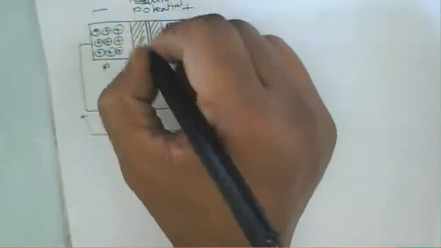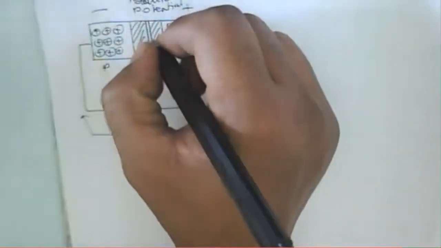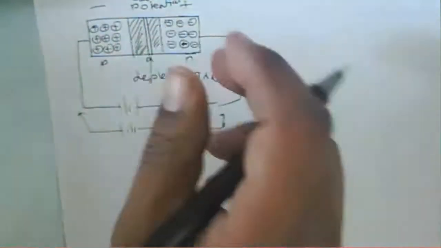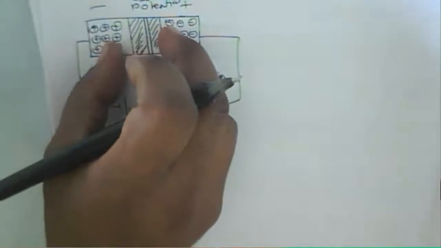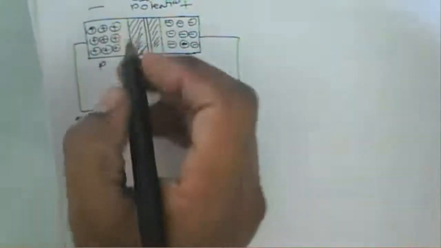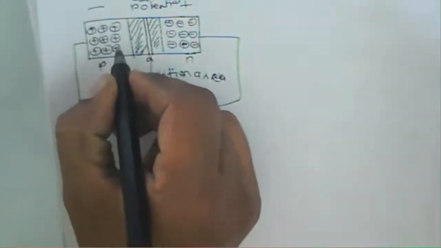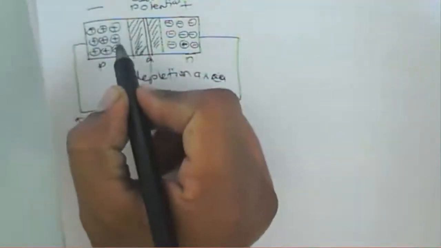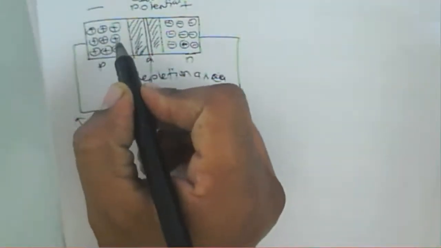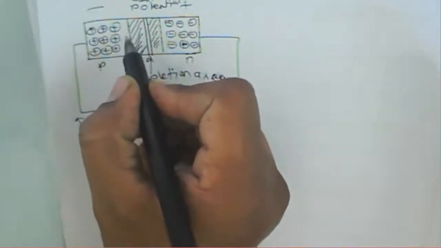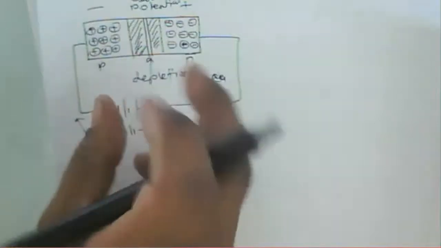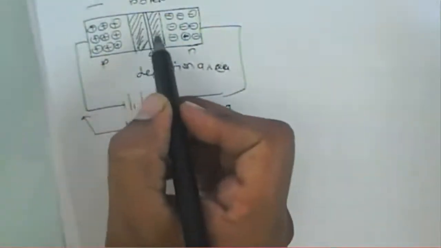This diode will work with different energy levels. Why? Because it has different materials, the P and N type, which means we have electrons and holes present in that particular region. When you apply the bias to this diode, what happens?